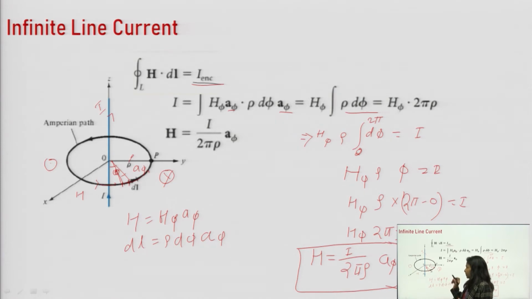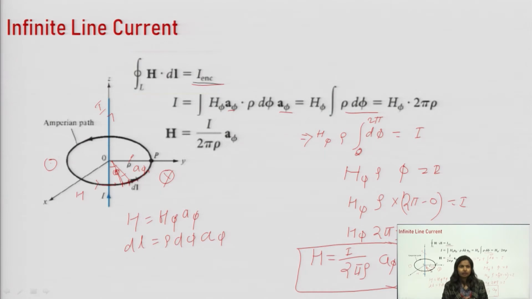So it is very simple. First of all you need to draw an Amperian path, later you need to apply H dot dl equal to I enclosed according to Ampere's law, then after simplifying you can get the value. Here you can directly find the value of dl also, as this Amperian path is in the form of a circle, so dl varies over the complete perimeter.